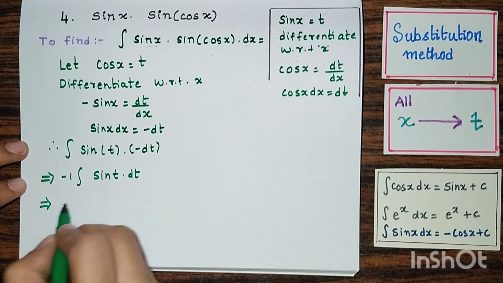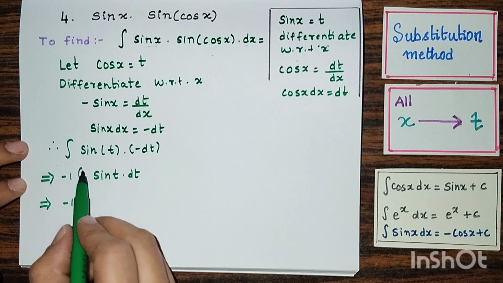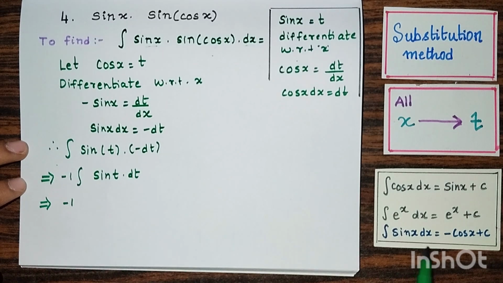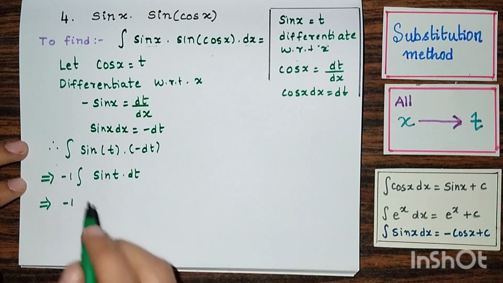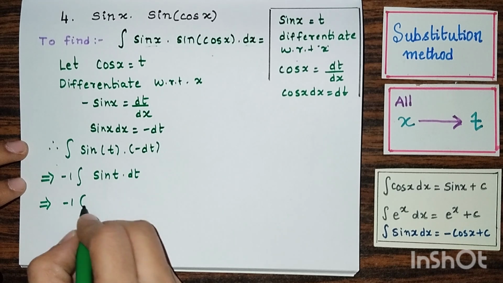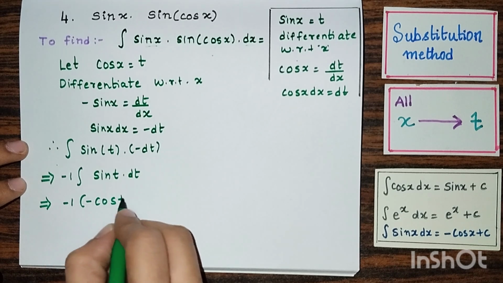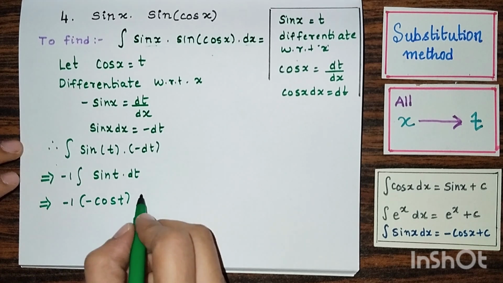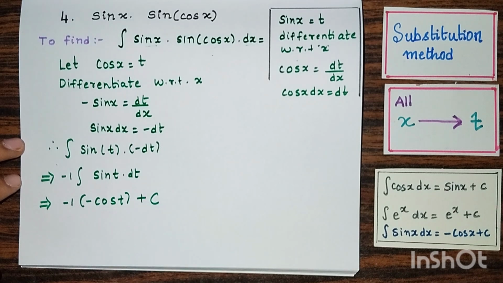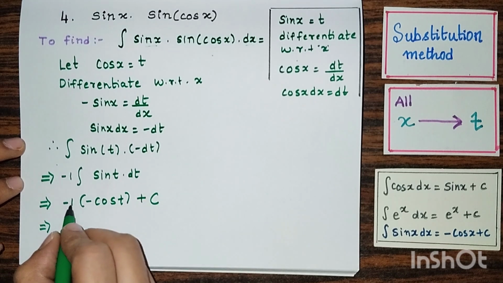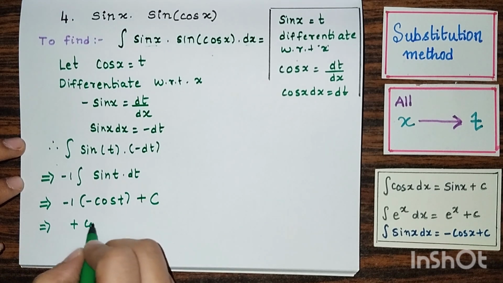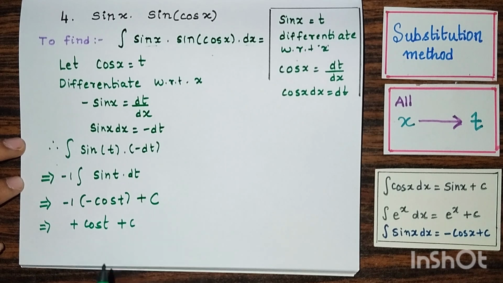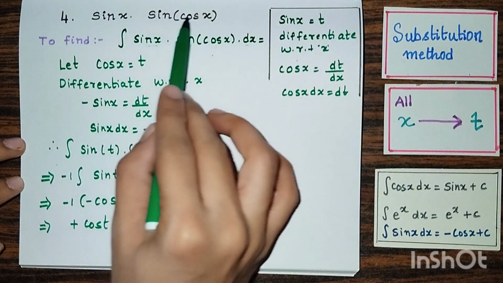Now this implies minus 1 into, the integral of sin x is minus cos x. So the integral of sin t will be minus cos t. Since we have done the integration, we will write the constant c in. So this implies minus times minus is plus cos t plus c. So this is the integral of the given function.